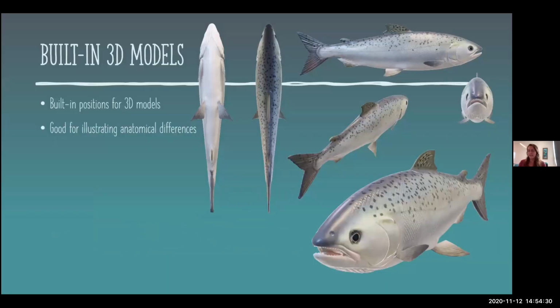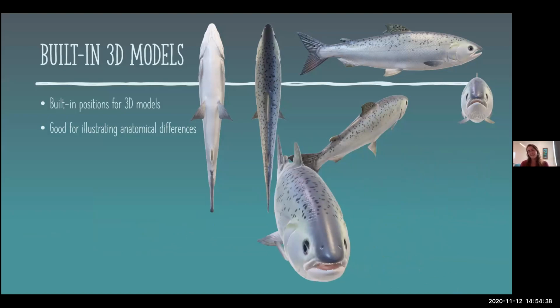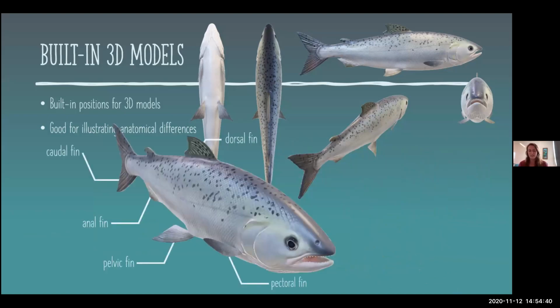So for example, even this super simple built-in model in PowerPoint, you could use for your fish anatomy lesson, where you describe what fish is what, and what fin is what. And you can imagine more creative uses than this probably.